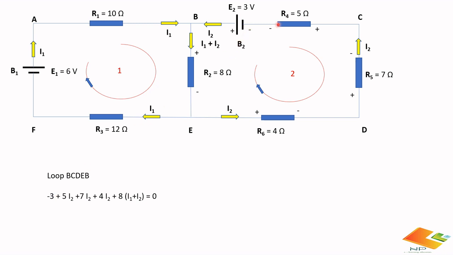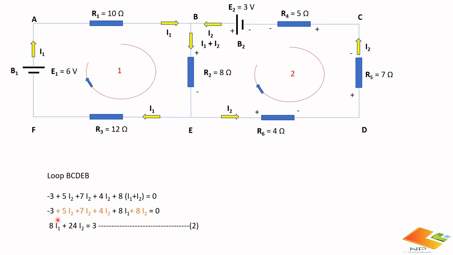After that here it is a voltage rise, so 5 I2 plus 7 I2 plus 4 I2 plus 8 (I1 plus I2) is equal to 0. Okay, so now we are opening this bracket. So -3, 5 I2 plus 7 I2 plus 4 I2 plus 8 multiplied by I1, 8 I1, 8 multiplied by I2, 8 I2 is equal to 0.